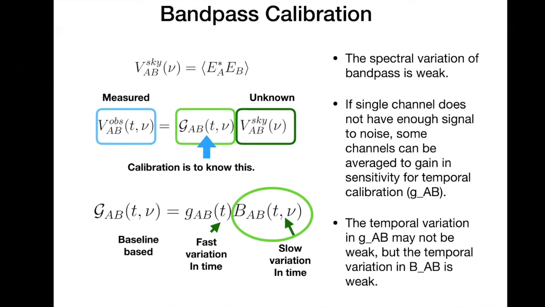You are right. The first point here is that the spectral variation of the bandpass is weak. You have to choose a bandpass calibrator which has that property. Even if it is an extended source, we expect the variation to be very weak. Why will there be a variation? The visibilities will be different, but the source will be the same, right?